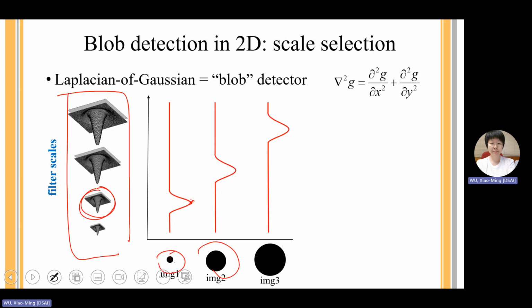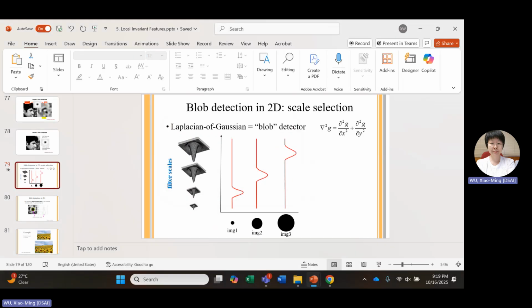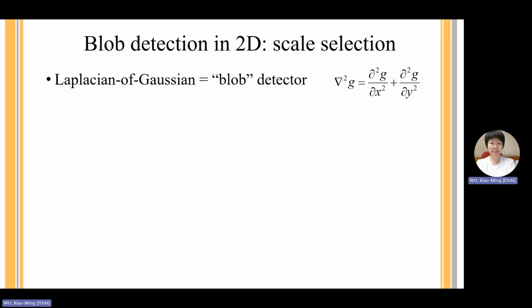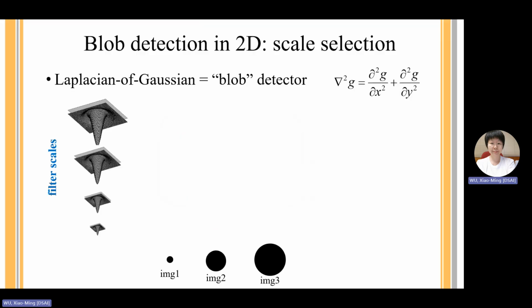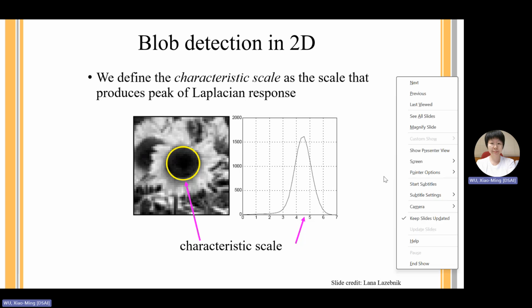For this one, this gives the maximum response, so the size of this filter represents the proper scale for the medium blob. And similarly, this is the proper scale for this blob. So that's the idea behind blob detection or SIFT detection.